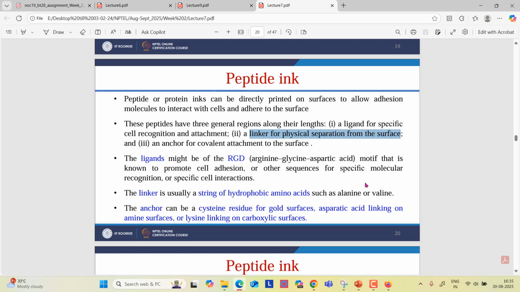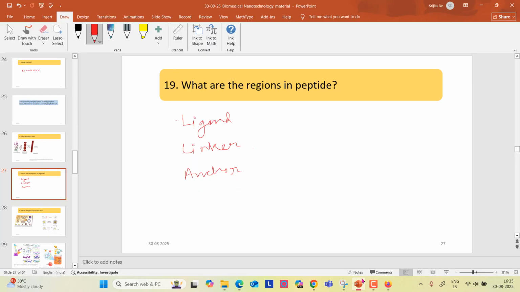Suppose, like in the case of a gold nanoparticle, I am giving the example of gold nanoparticle, but you can imagine it through a peptide bond also. There is a gold nanoparticle. We give some kind of linker here to attach some foreign molecules around the gold nanoparticle. So these are called linkers.